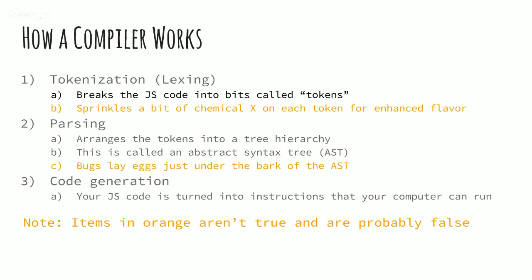There are three basic steps going on. They said that's a bit of an oversimplification, that there's other stuff going on, but there are three main steps that happen in a compiler. The first step is tokenizing, also known as lexing, where the JavaScript code is broken down into little pieces.